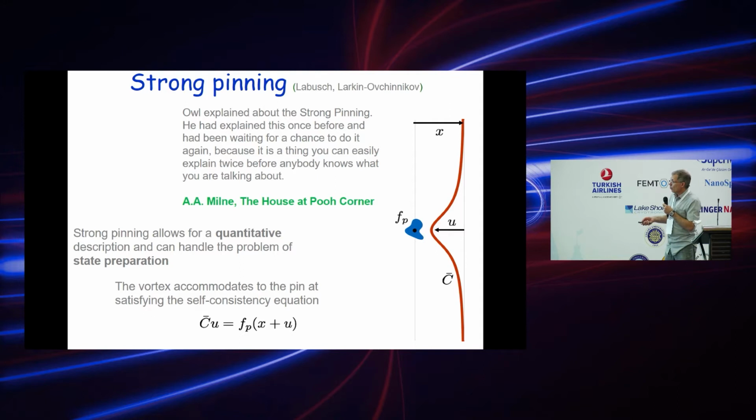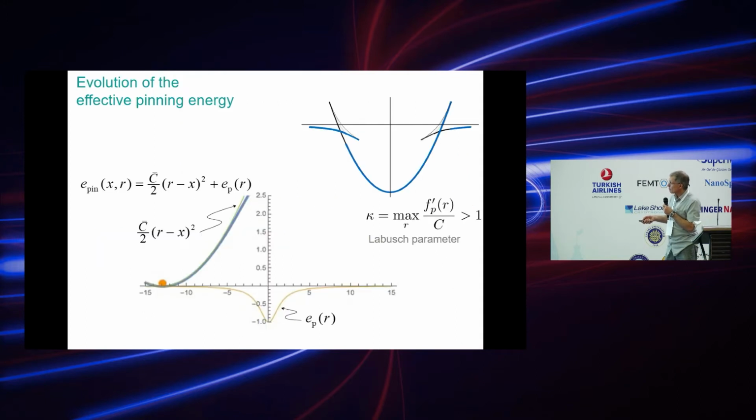One can look at it in the following way: the interaction of a given vortex with all others corresponds to an effective parabolic potential, where C is the effective elasticity. And when we move the vortex lattice through disorder, through the pin, then this parabola is moving, and this is the pinning potential.